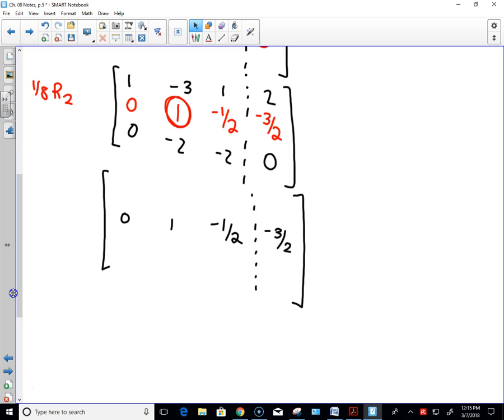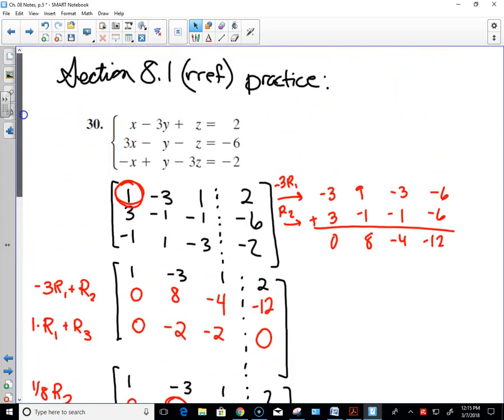Did you switch them? 1, negative 3, 1, 2. 3, negative 1, 1, negative 6, negative 1, 1, 2.